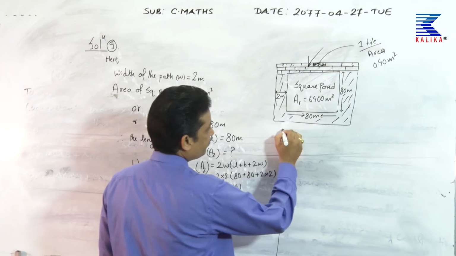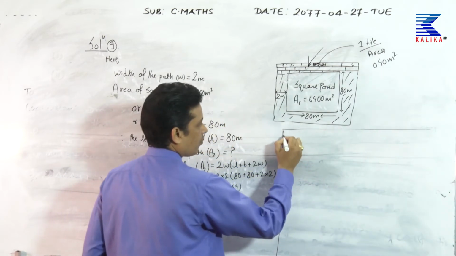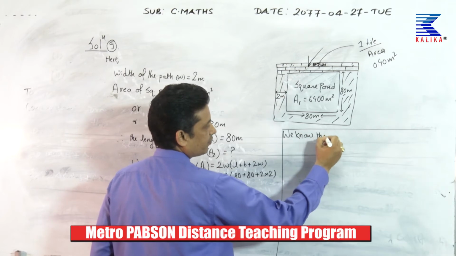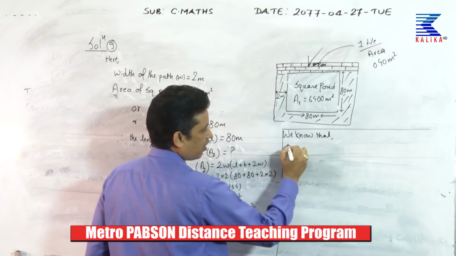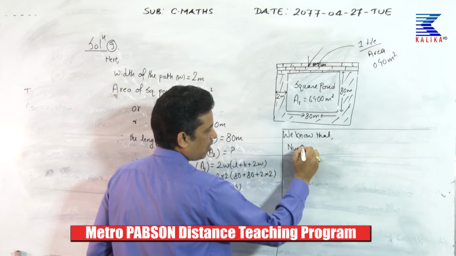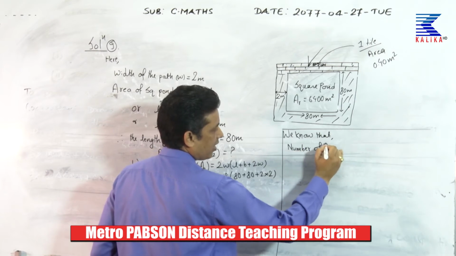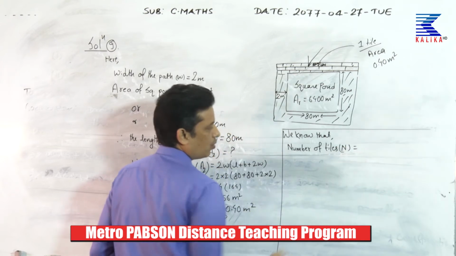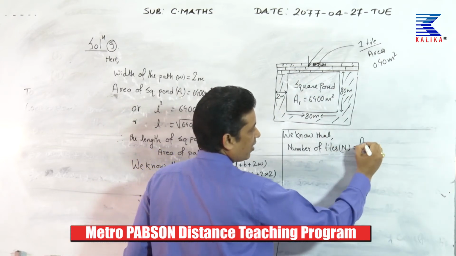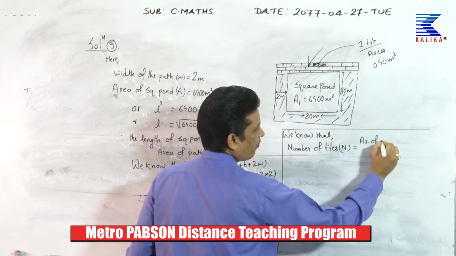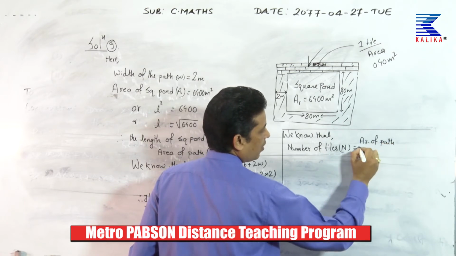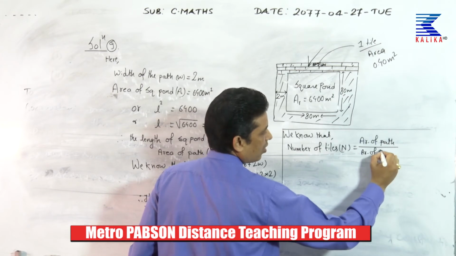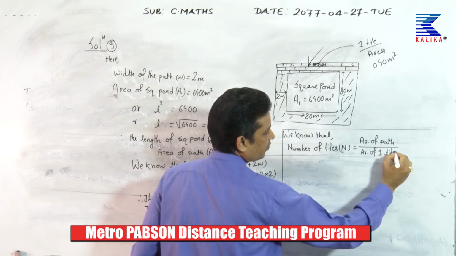Now, here we know that the number of tiles n is equal to the area of path over the area of one tile.